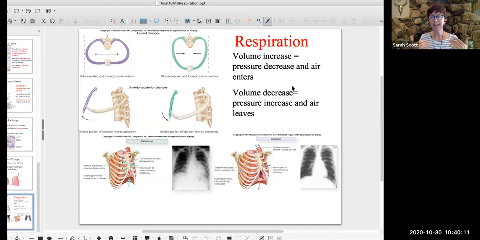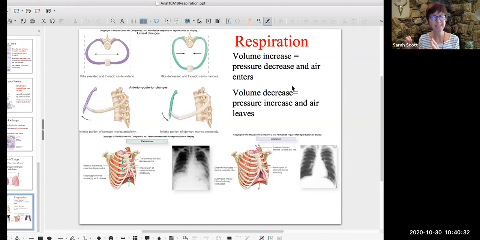Okay. So exhalation is really about decreasing the volume, which causes the pressure to go up, and then the air moves from high to low pressure. So you just have to think about what is the cause and what is the effect. The cause is muscle contraction changing volume.